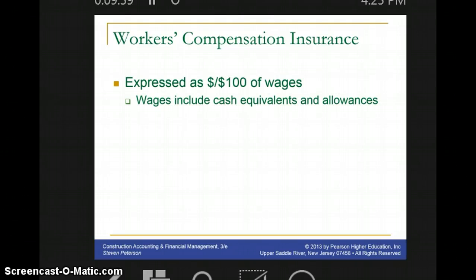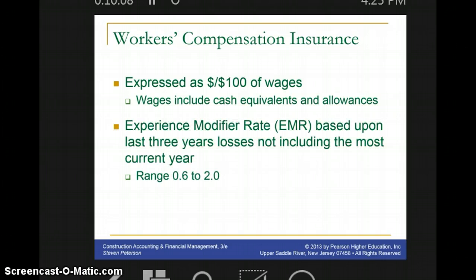Workers' compensation insurance is also one type of insurance that is paid by the employer, and the rate applied to the payments on behalf of the employees depends on the experience modifier rate, or EMR, which is essentially a rate established by the insurance industry on companies for the last 3 years of losses.